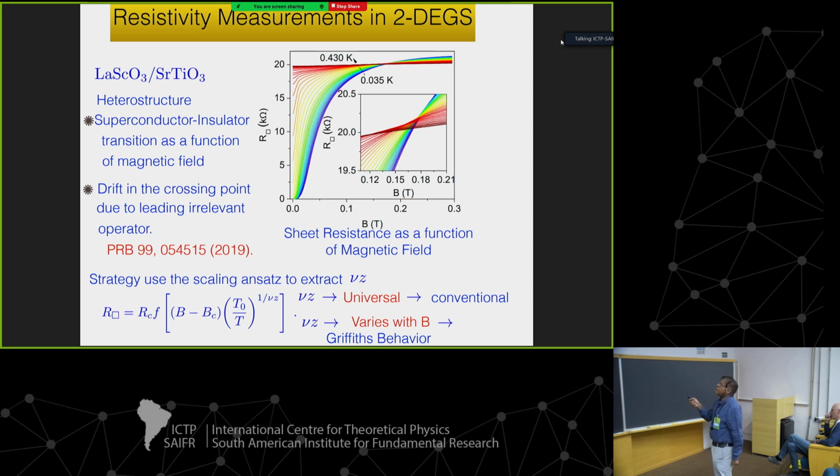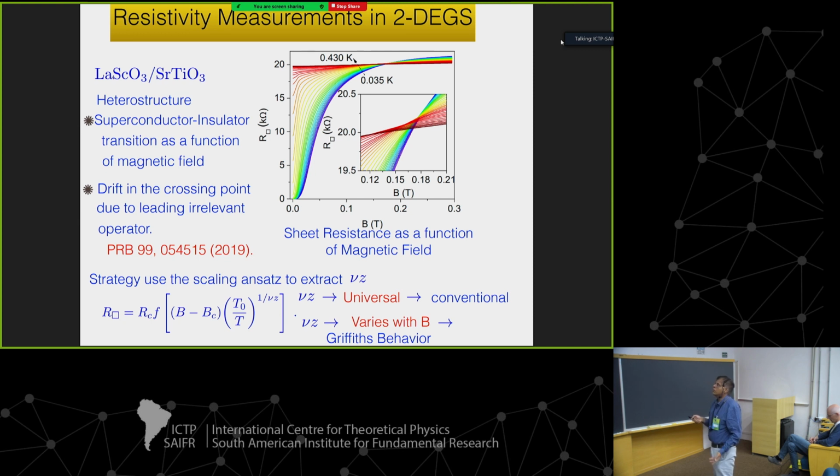So now that we have understood why there are these multiple crossings, let us use a strategy to extract nu z. What we are going to do is use a power law scaling ansatz to evaluate the exponent nu z.